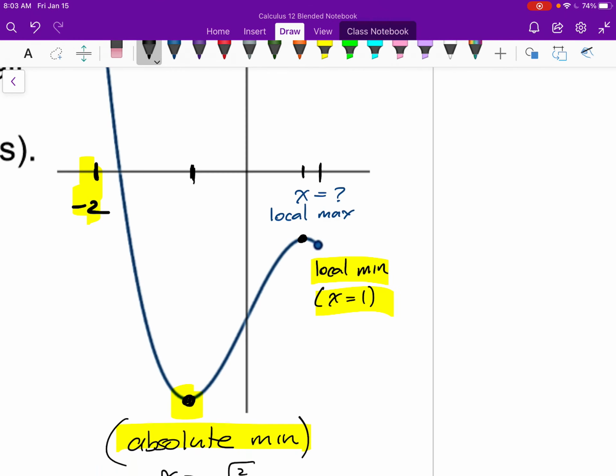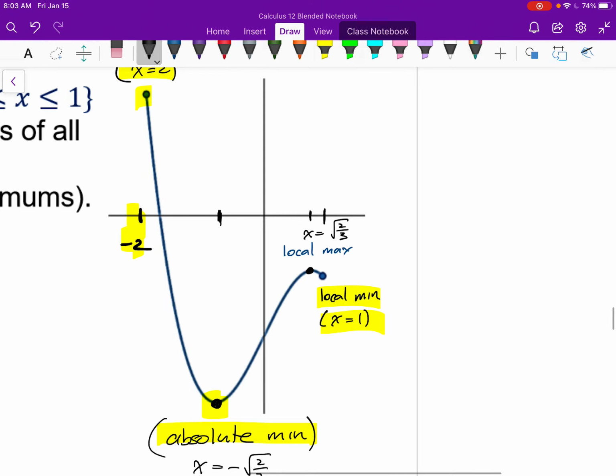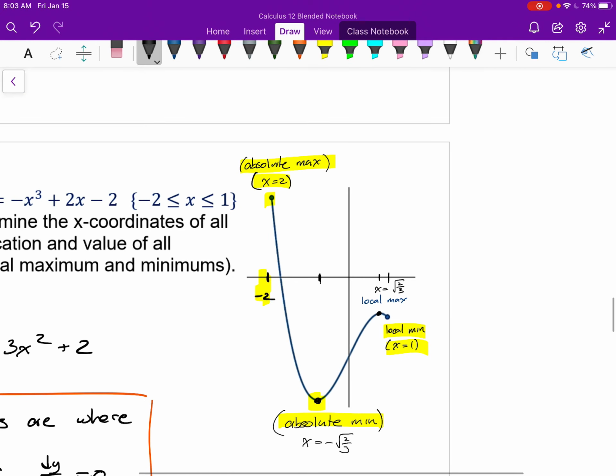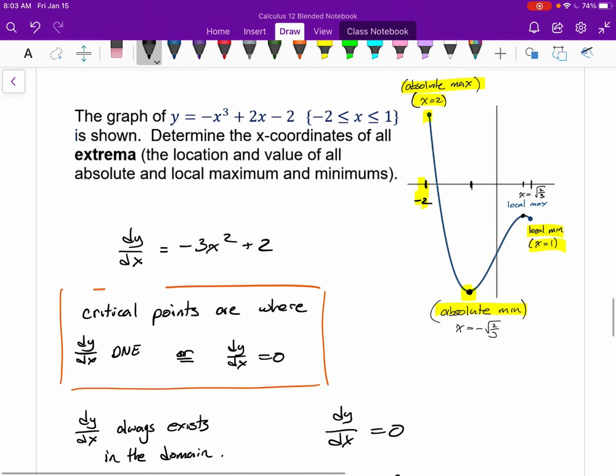And this local max over here must be positive root 2/3. There we go.